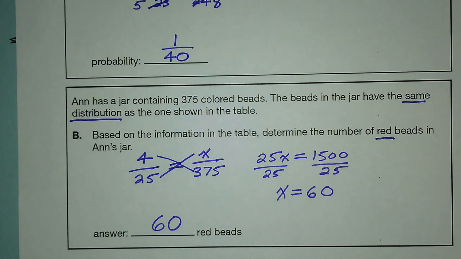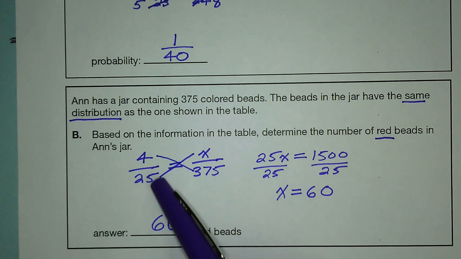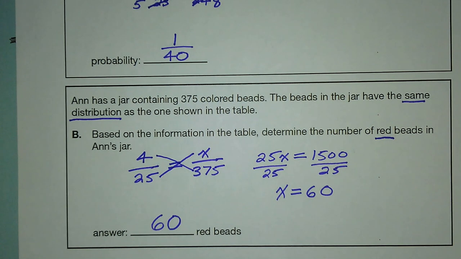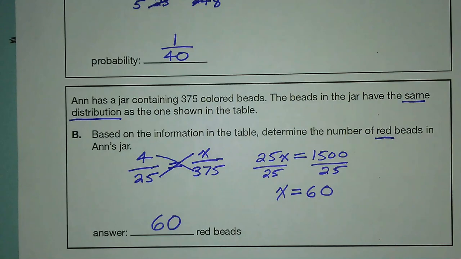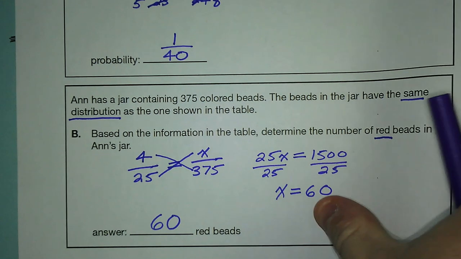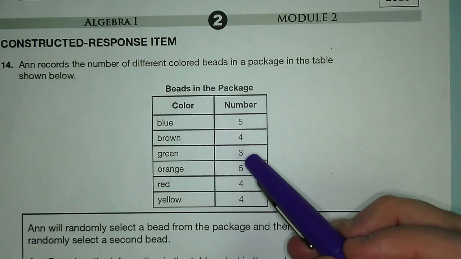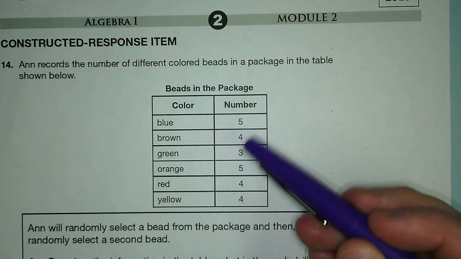So we're going with 60. Another way you could have done this is 4 out of 25. If I literally do 4 divided by 25, that's 0.16, which means 16% of all the beads needed to be red. So 16% of the package was red.